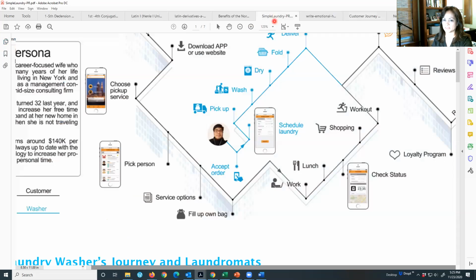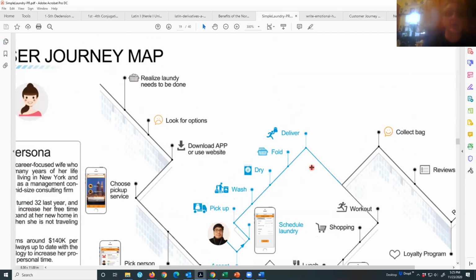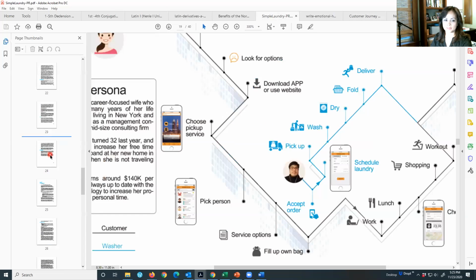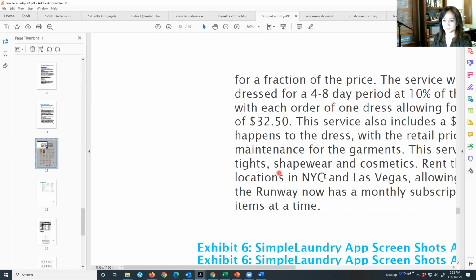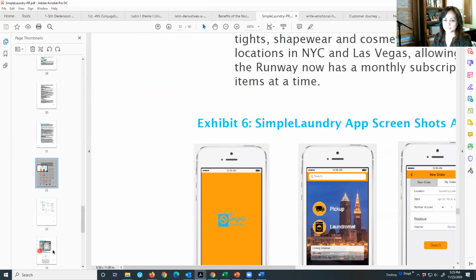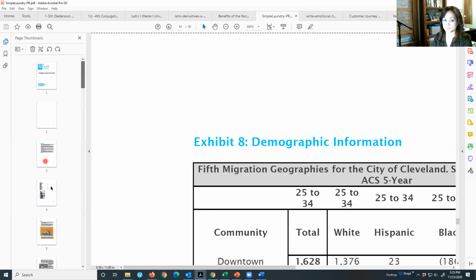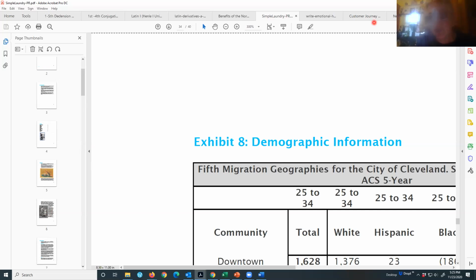So Kelly, this is cool. I'm going to send this to you. I haven't gotten through this whole thing. There were several things that I found for your other classmate who's doing something very similar, but this might be more of an app thing, which you might still need as part of your service. Who else is doing the laundry thing?